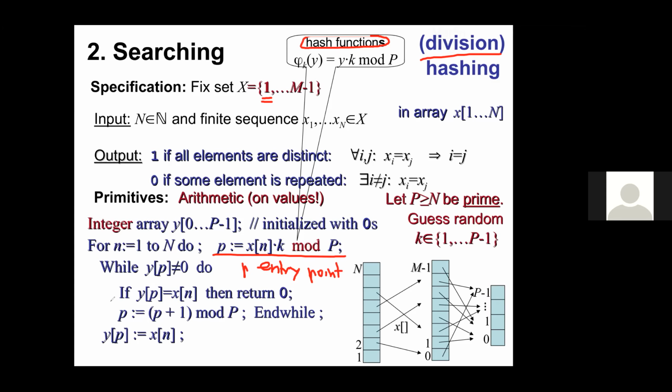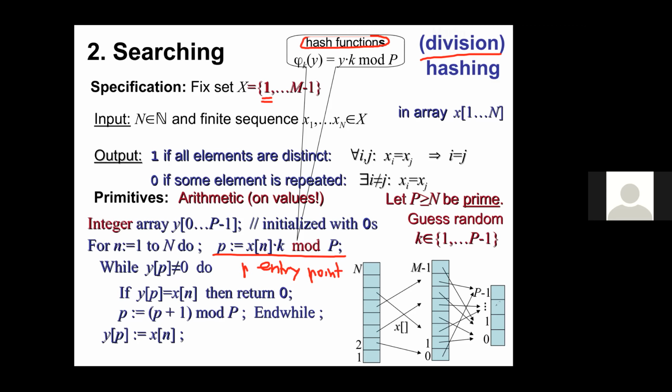Then I choose some entry point by the value of this hash function, and then I go cyclically until I find an unused entry, until I find yp equal to 0, and then I can put xn there. And if in the meantime I find some yp equal to xn, this means that this xn was encountered previously, so I have two identical xn's, and I have to return 0. This is the cyclic iterator.